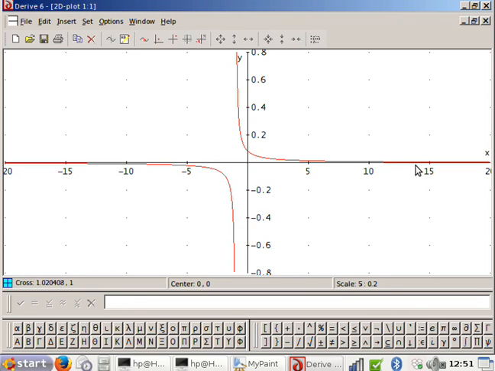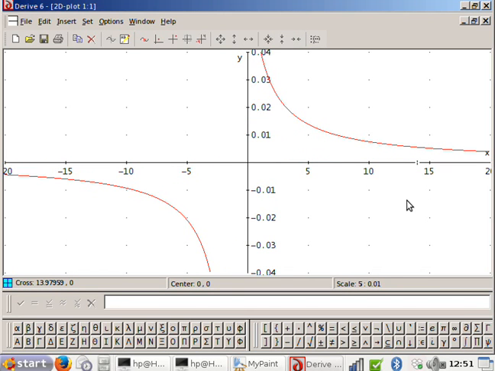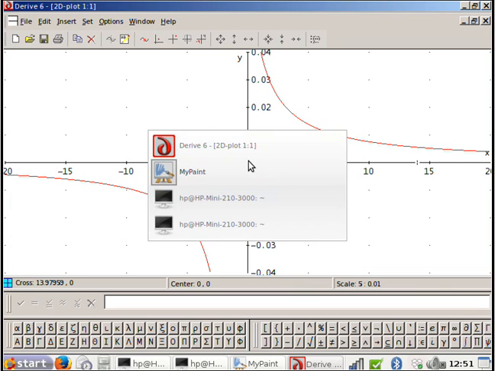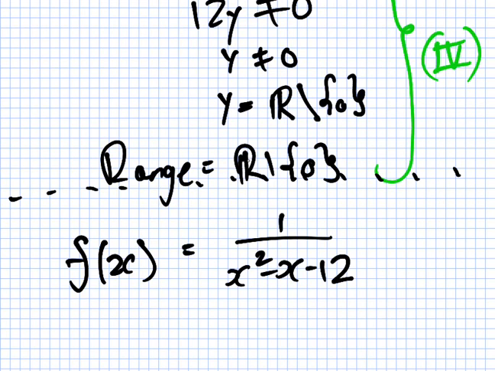I know it looks like it gets to 0 here, but if you were to zoom in, you see it doesn't actually reach 0. This graph will never get 0 on the y-axis. 0 is missing. It'll get all the positives, it'll get all the negatives, but it won't get 0. 0 is missing. That's the answer you got, wasn't it? All real numbers except 0.